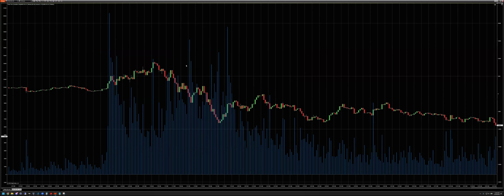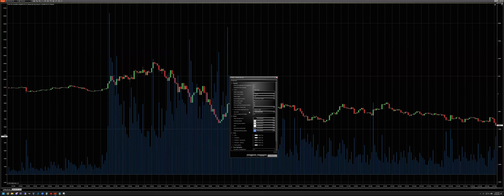Okay. See my candlesticks, where are they? They're towards the bottom. They totally changed the whole menu. Yeah, right here. So my candlesticks are invisible. I thought that green and red was regular candlesticks.